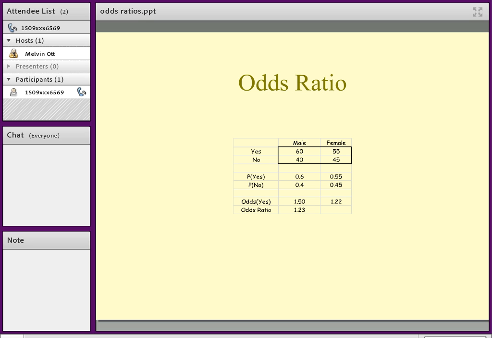So to get the odds ratio, I just take 1.5 divided by 1.22, and that gives me a result of 1.23. What that represents is that males are 1.23 times as likely as females to respond yes on whatever question this was in a survey.